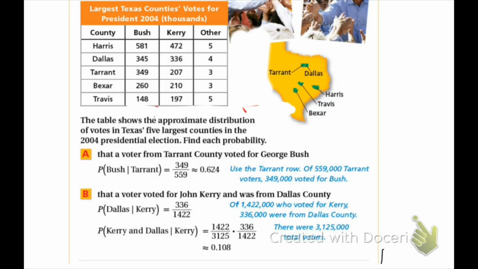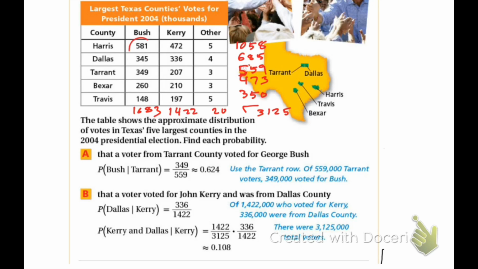Now the next question states that we have a table that shows the approximate distribution of votes in Texas's 5 largest counties in the 2004 presidential election. Find each probability. Example A states that a voter from Tarrant County voted for George Bush. Before we do any of this, we need to calculate the totals here.